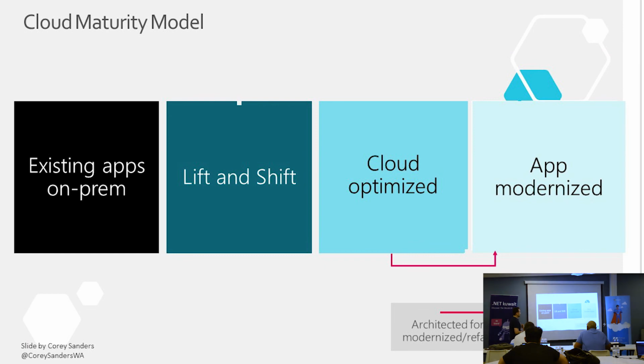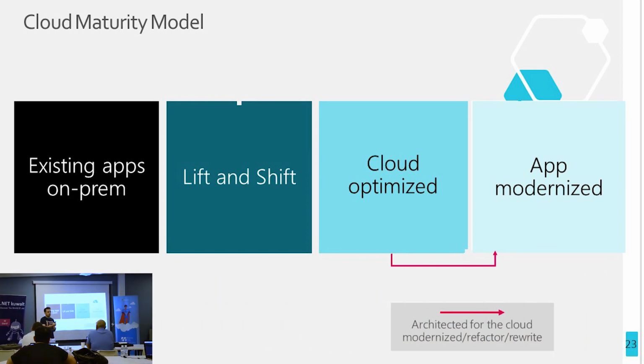After that, you will reach the full maturity, which is the app modernized. Here we are talking about re-architecture. Now you will take advantage of the cloud. Maybe you'll re-architect it to be a microservice application, where each microservice has its own life cycle.